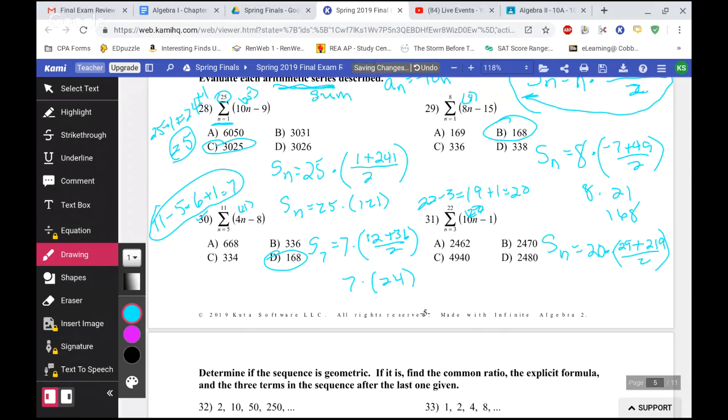So 29 plus 219 is 248, divided by 2 is 124, and 124 times 20 is 2480.